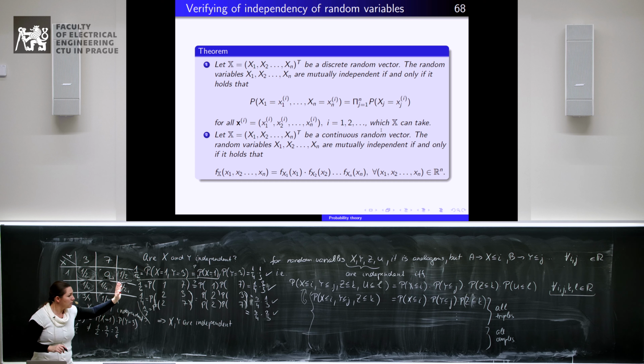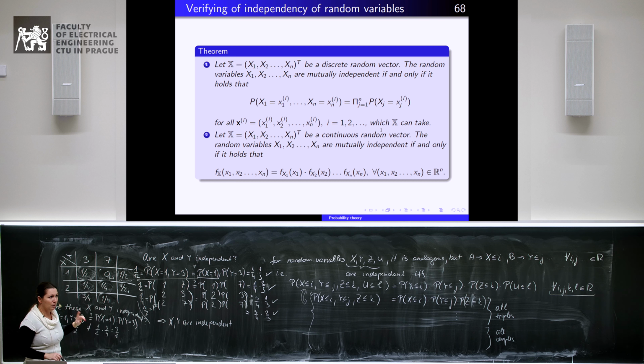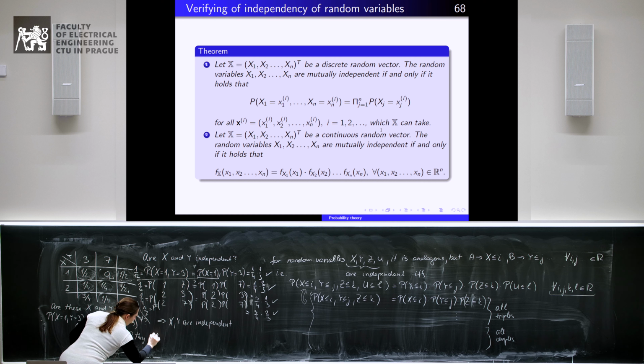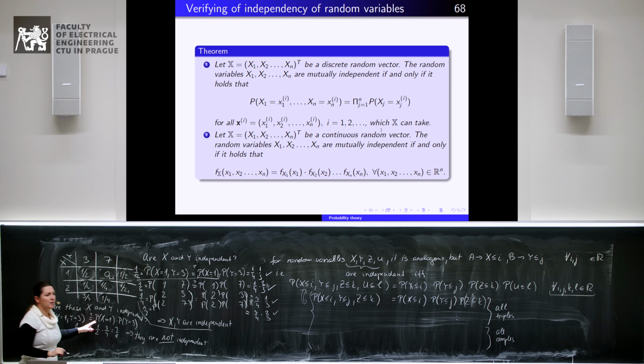So when we want to verify that they are independent, we must verify all combinations which we have. But when the conclusion should be that they are not independent, as it is in this case, it is enough to find one example when this relation is not satisfied, and then they cannot be independent.